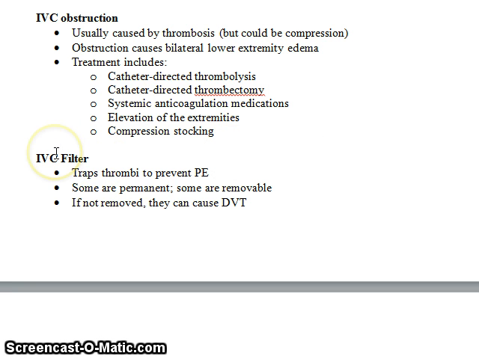Then you've got the IVC filter, which traps thrombi to prevent a PE. Some are permanent, some are removable. More and more are becoming removable because patients tend to live longer and they need to be removed. There is some debate about that. Sometimes they can cause DVT. They could also cause intimal hyperplasia, which is an overgrowth.